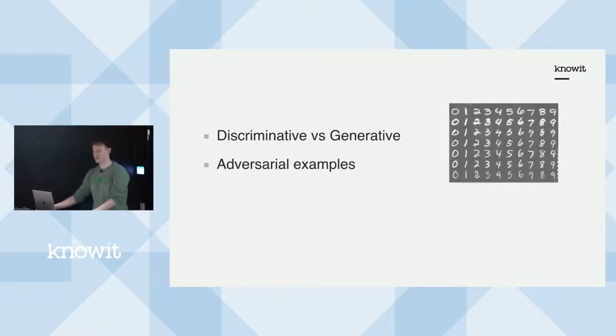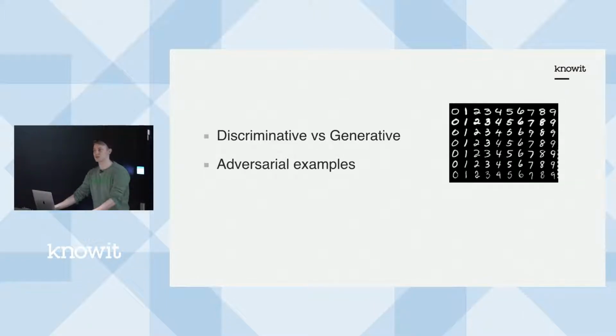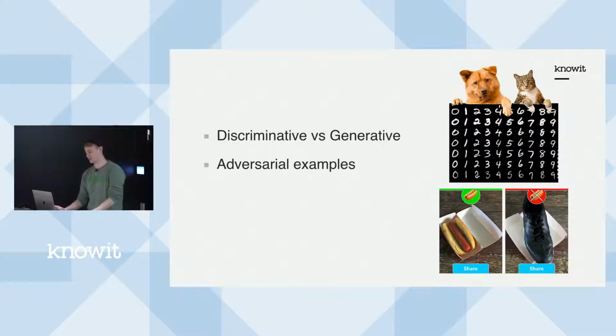An example could be you have a bunch of images containing numbers, and want to know which number is in a given image, or a dog or a cat, hot dog, not hot dog, and so forth. The generator, or a generative network, does the opposite. We give it noise, random values, and it generates a set of features for you. In the case of an image, it would generate an image which looks like other images it has seen before.